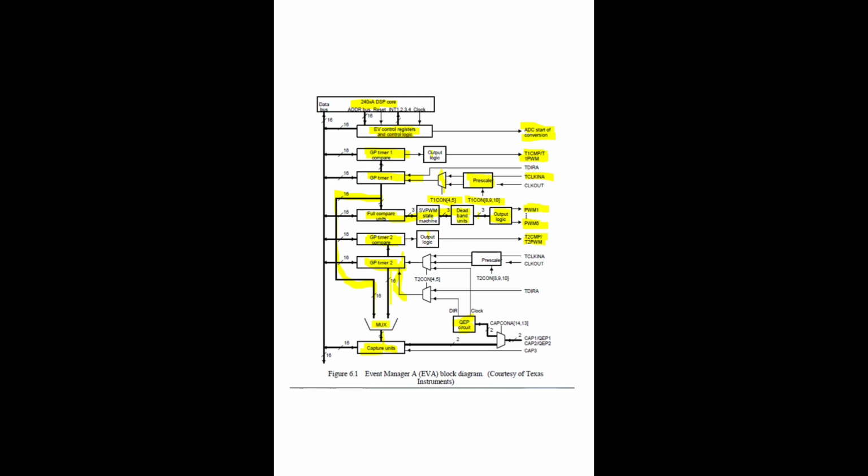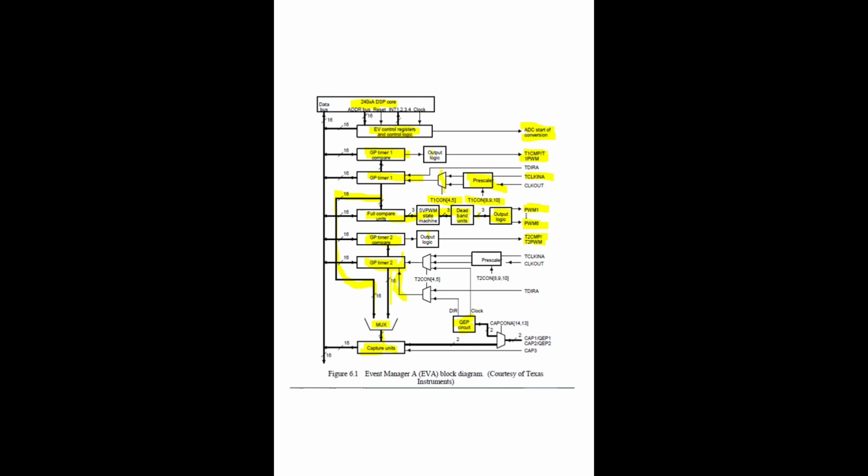Pre-scaling means pre, before itself, before giving the full frequency, whether to give low frequency or high frequency. The operation of the GP timer and DSP controller will be controlled with a prescaler.